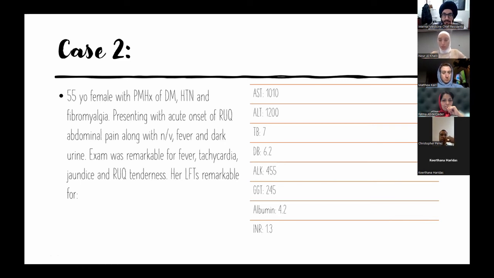Or your thoughts? I mean, it could be. I think that if you're worried about something very acute, then perhaps it could be explained with enzymes so significantly elevated.